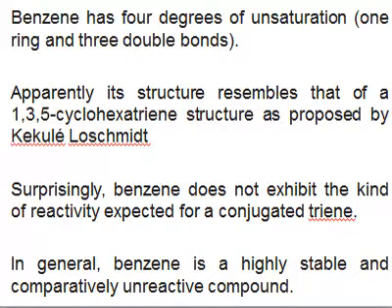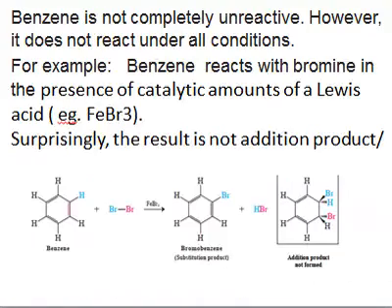However, another surprise is that benzene does not exhibit any reactivity similar to a conjugated triene, right? Benzene is extremely stable while cyclohexatriene is not stable at all, and benzene is comparatively unreactive as well, right?